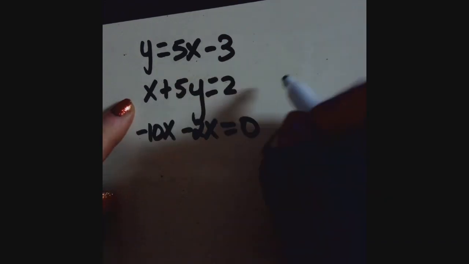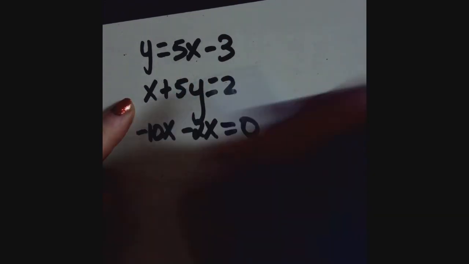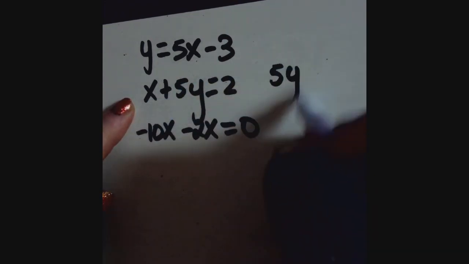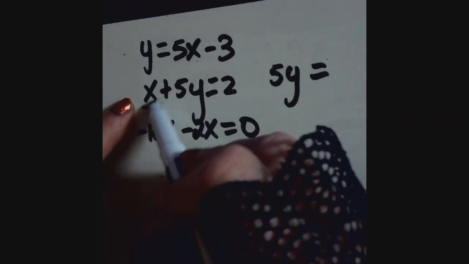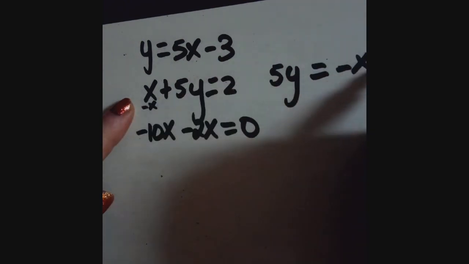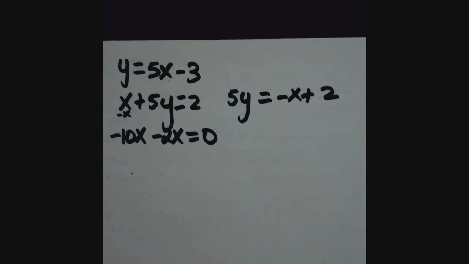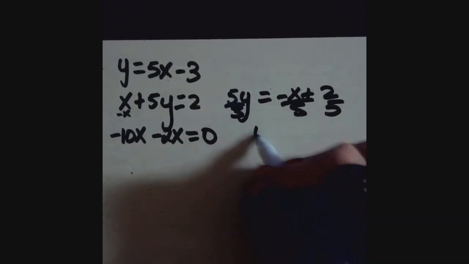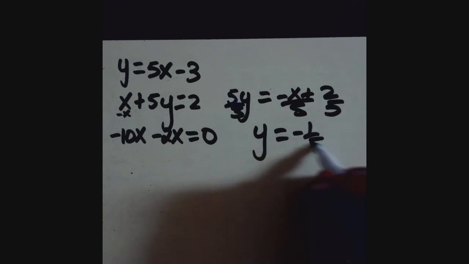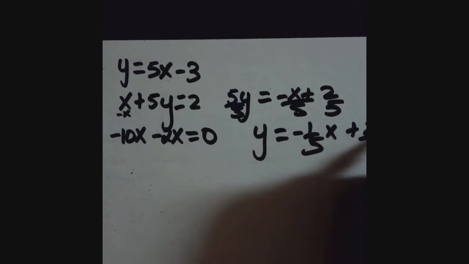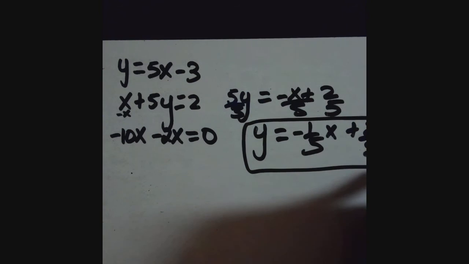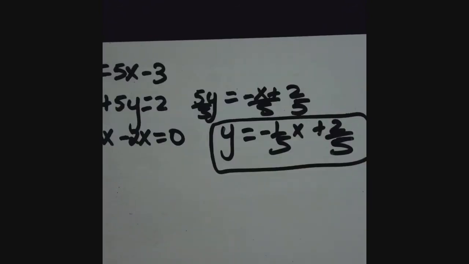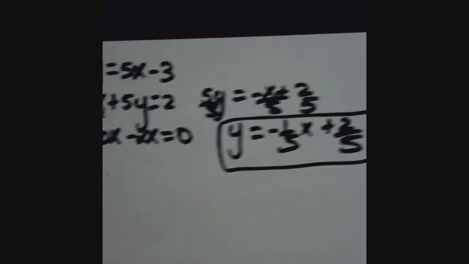We can't judge until we have it. So I'm going to say 5y equals, you should see that we're subtracting x, -x plus 2. Let me make this a bit bigger. Let me go up here so I have a bit more room. Okay, so I have to divide by 5. So I'm going to do the work here, and then I'm going to write everything neatly afterwards. Okay, so that's the second one when it's solved. Y equals -1/5 x plus 2/5.